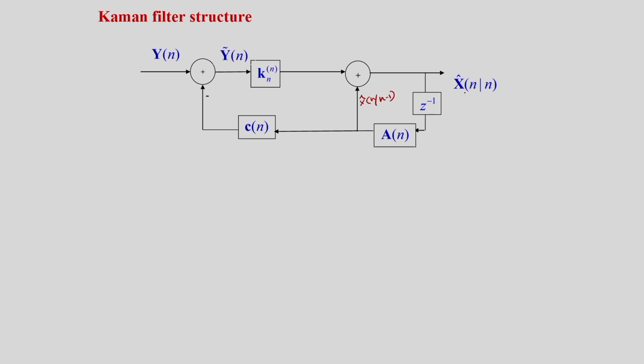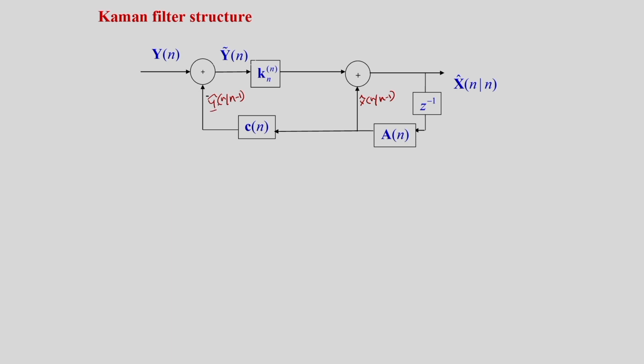So, when we delay this, here we will get x hat n minus 1 given n minus 1, that will be multiplied by A n, and we will get this prediction. And this result is multiplied by C n matrix, and then we will get the predicted y n, that is y hat n given n minus 1. So, this is the prediction of the data vector at instant n because of the data up to n minus 1. So, this is the prediction vector.